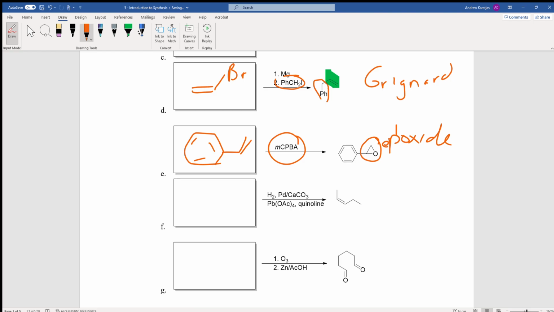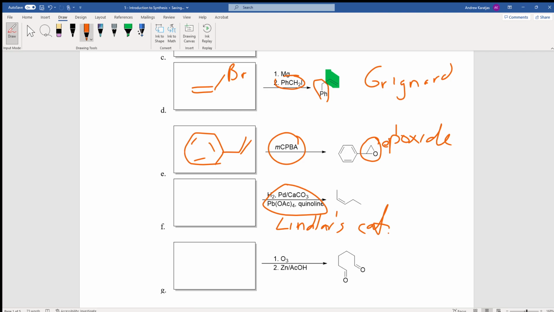Our next part, you can see we have this fairly complicated looking reagent here. We know that that's what we refer to as Lindlar's catalyst. And Lindlar's catalyst, recall, is a poison catalyst that we use for hydrogenation as opposed to just palladium on carbon.